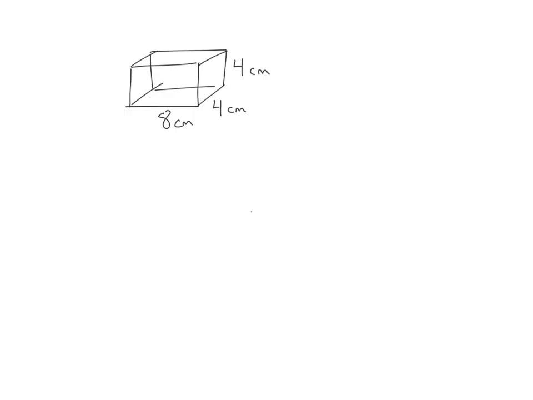Let's try a quick one over here on the next page. What I know here, so this is the long side, so I'm going to put length. This is the width, and the 4 centimeters here is the height. So the question is, what is the volume? Well, for a rectangular prism, we just learned that rule.